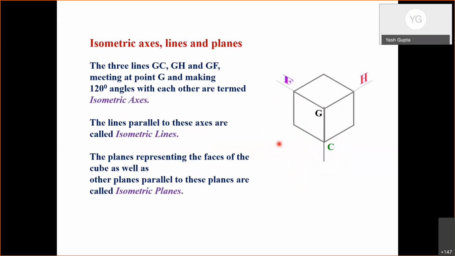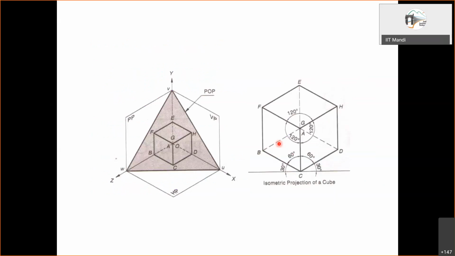Yes, sir. So here we have some definitions like isometric axes, lines, and planes. Maybe we can refer to this diagram itself. As I had mentioned, what we observe is that all these edges do not have the same length as the actual edge of a cube, but all of them are equal in size.